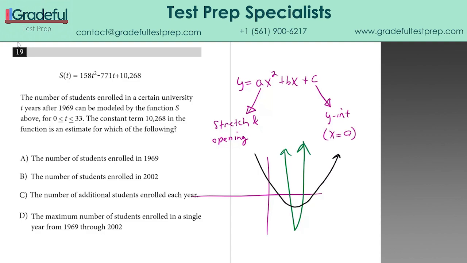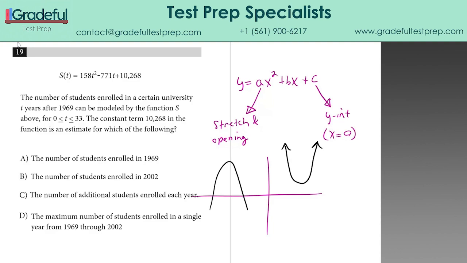So that's very critical to know in some moments. But more important is the opening direction. If we have a positive A coefficient, it's going to open upward, and it's going to look more like a U. And a negative A coefficient, it's going to open downward, and it's going to look more like a mountain. So that's the value of knowing the A coefficient on a quadratic.